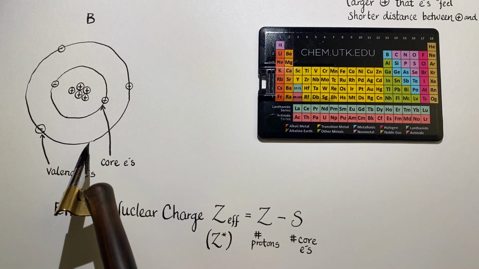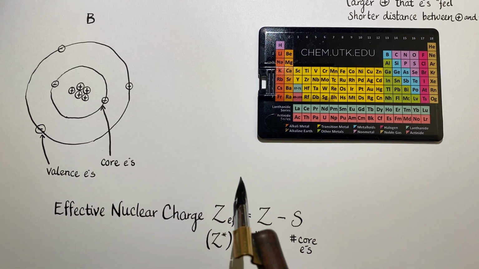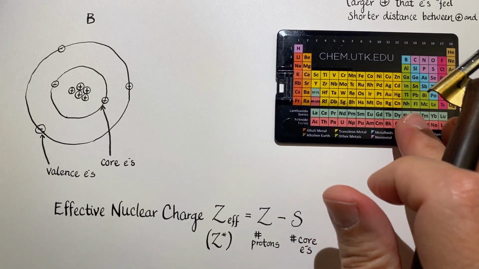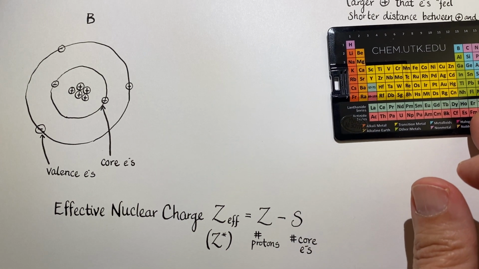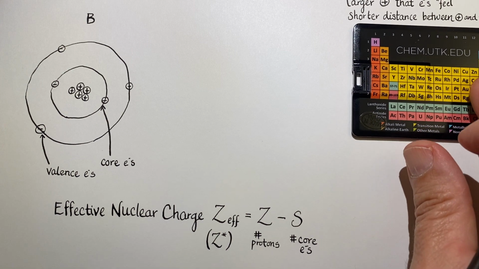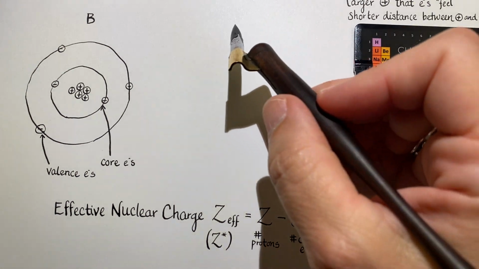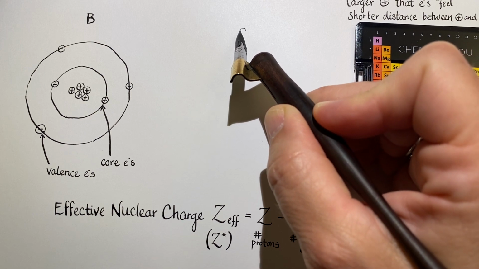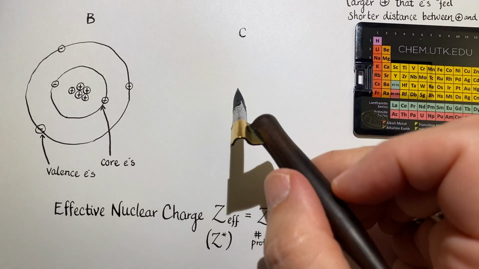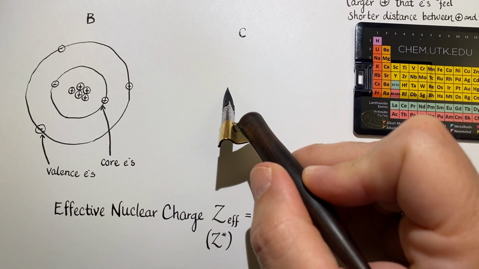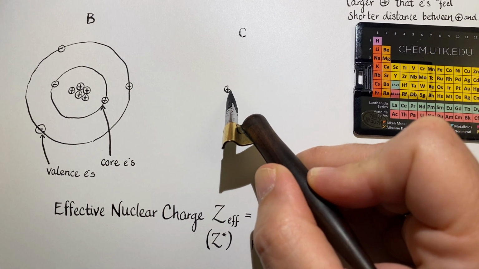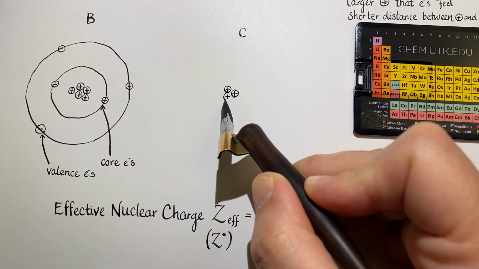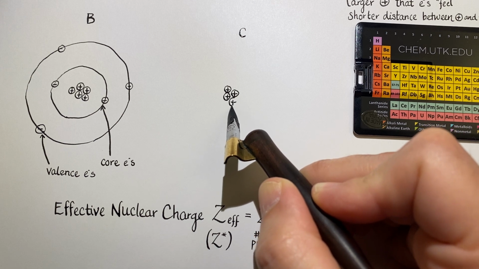So we're going to be doing that for boron versus carbon. So let's draw carbon here. Okay, we got our boron. Carbon is right next to boron on the periodic table. So instead of 5 protons in the nucleus, now we have 6.